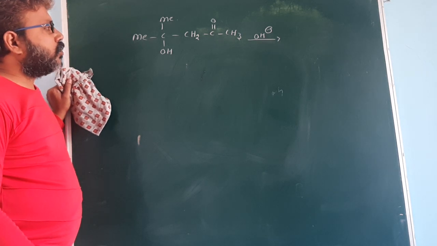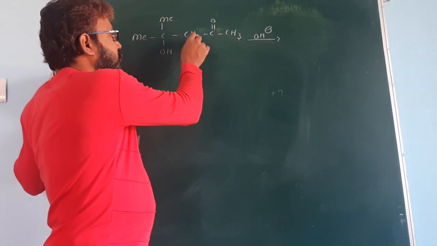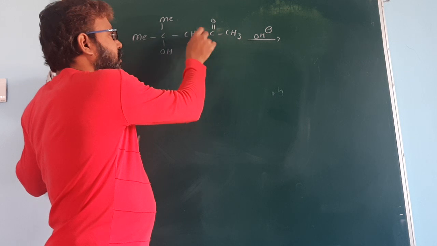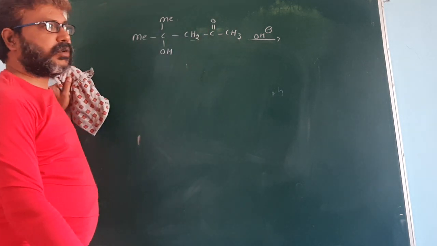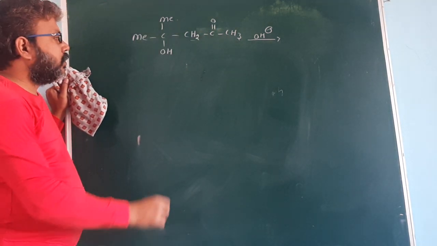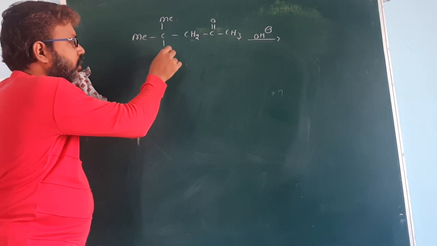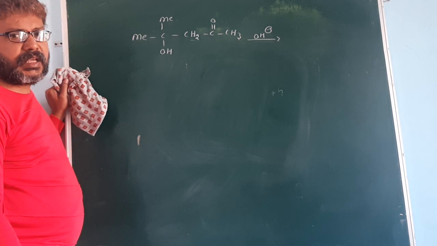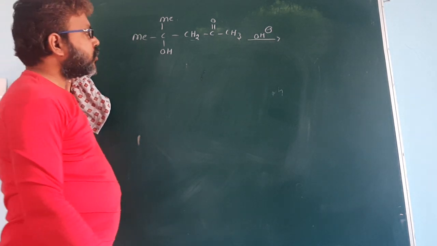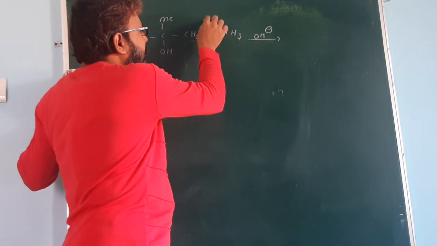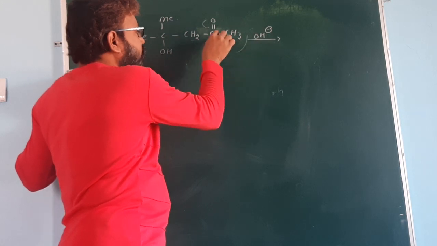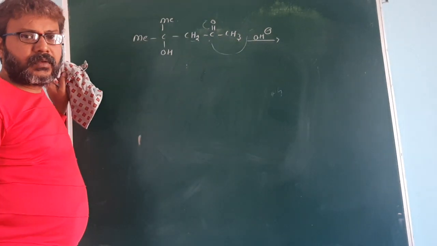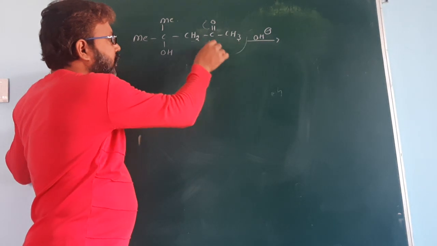So there are two acidic protons. This one is acidic because C=O is an electron withdrawing group. Another one is the OH group, which has acidic character and donates the H plus ion easily. Another possibility is that this pi bond electron shifts to here and a nucleophile attacks here, so it is a nucleophilic reaction.